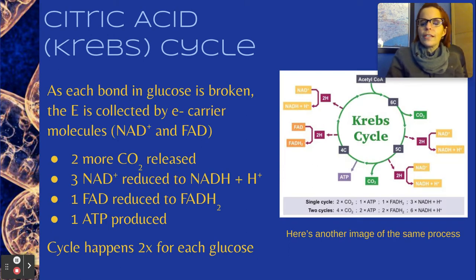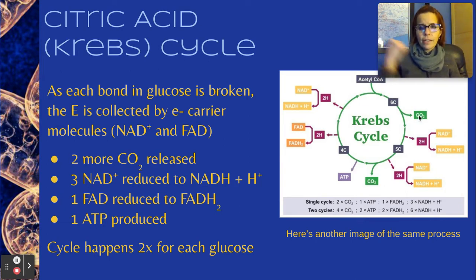All right, so this is the exact same screen, only I changed the diagram just to give you a little bit more detail. Do you need to memorize this? No, but I just want you to see what's happening. So when the acetyl-CoA comes in, it is joining with a 4-carbon molecule. Do you see the 4C right here? No carbon dioxide has been released, so it's still a 4-carbon molecule. So those 2 come together to form a 6-carbon molecule.